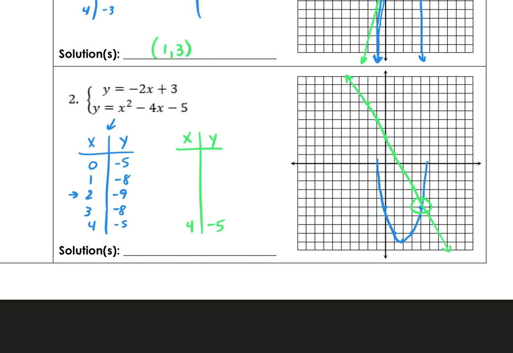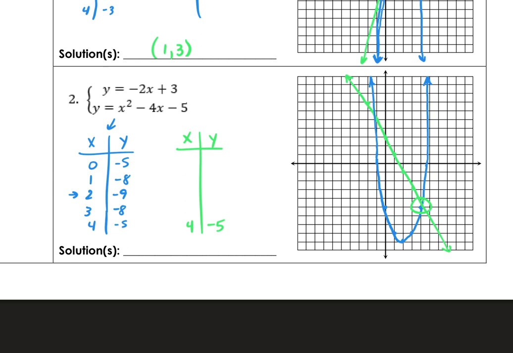But then I also see up here that I should have, if I extend out my parabola, somewhere up here, the line is going to intersect again. So I need to find another point here where they intersect. So I'm going to go back to my table and I'm going to look for more points on my table.